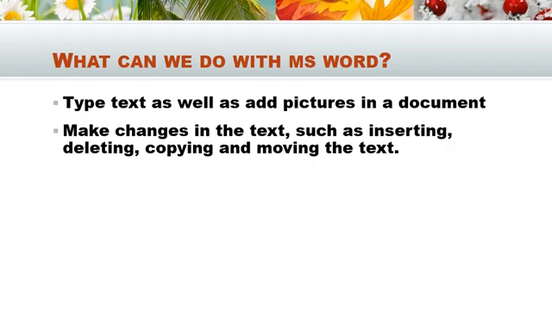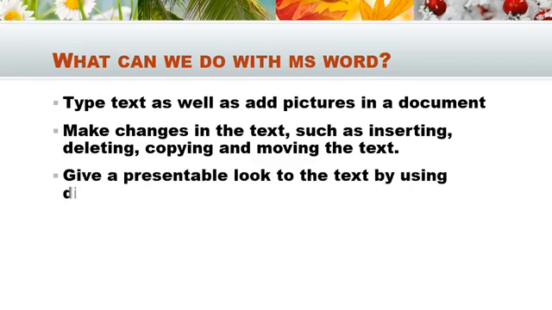That means all those changes can be done in the same place. You can type the text, and if you think this is not correct, you can make changes in that. Changes means you can insert more text, delete the text that you had already typed, copy the same text and paste it a number of times, and also move the text from one place to another place.